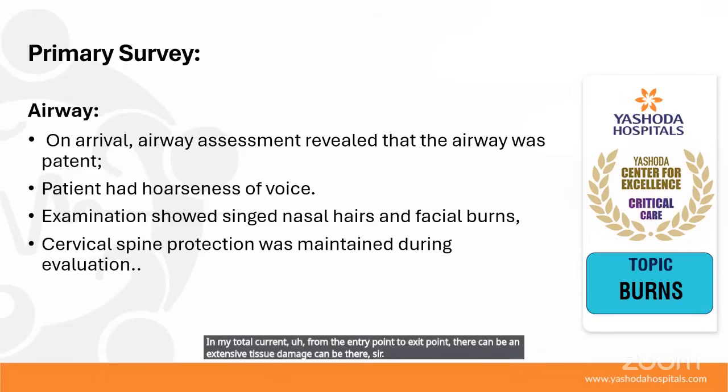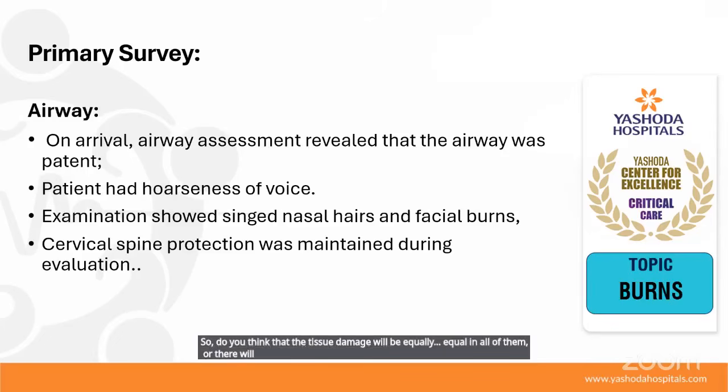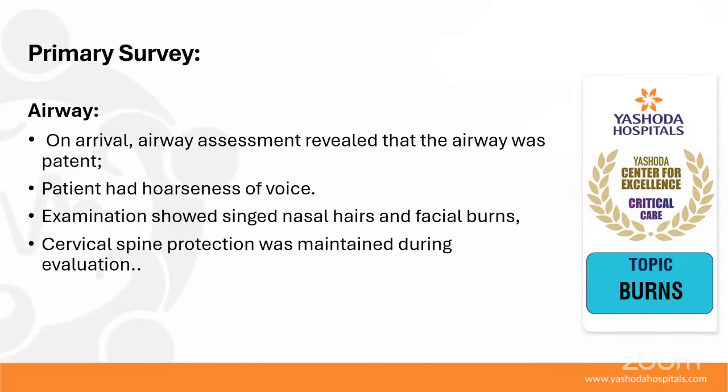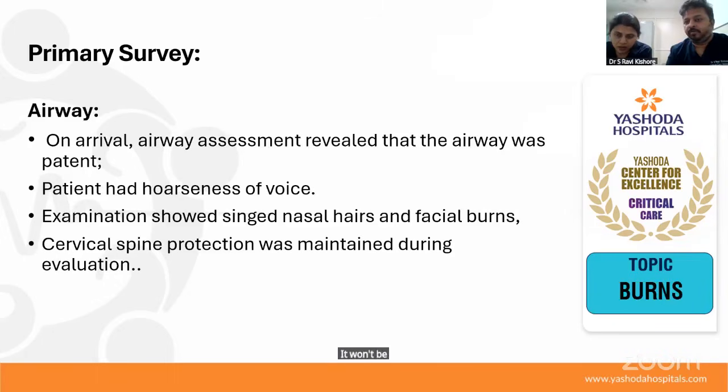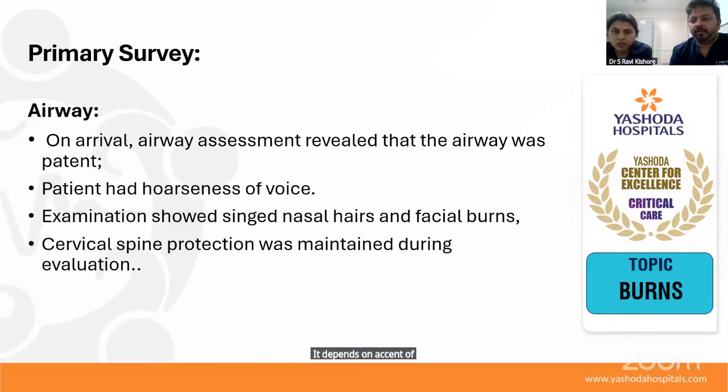But say the current entered from his right finger and went out through his left toe. Do you think the tissue damage will be equal in all of them, or will there be particular places where there will be more tissue damage? It won't be equal, sir. It depends on veins, nerves, and the extent of the injury.